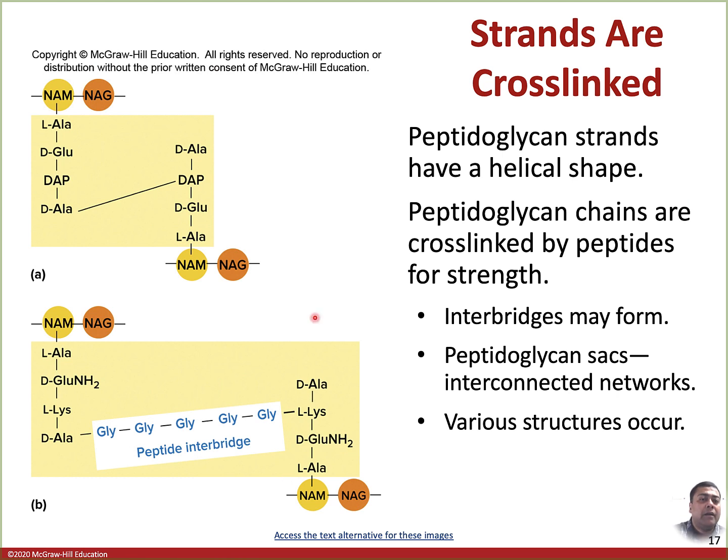Here there are two examples of how these NAM and NAG are cross-linked and have a helical shape. When they are cross-linked, there are two types. For example, the top one is very common in E. coli, where you are seeing an L-alanine, D-glutamic acid, diaminopimelic acid, and D-alanine.